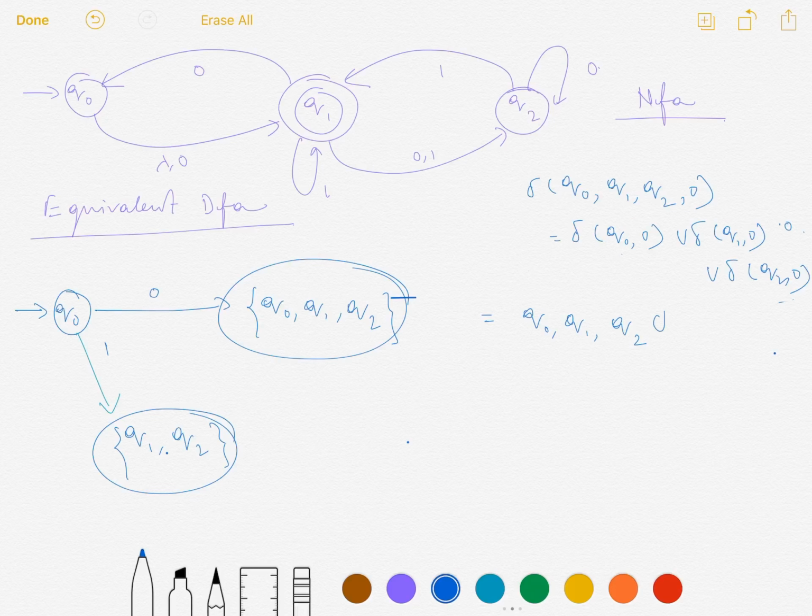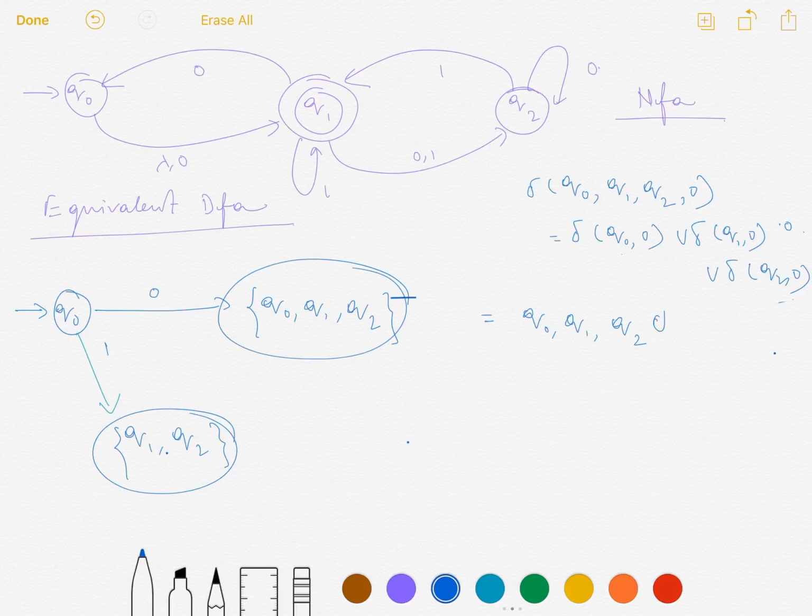So, if after giving an alphabet to a state it is going to all the states available in your NFA, it is not required to check the other cases, because the result must be within the set Q0, Q1, Q2.